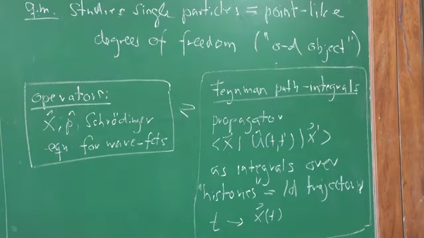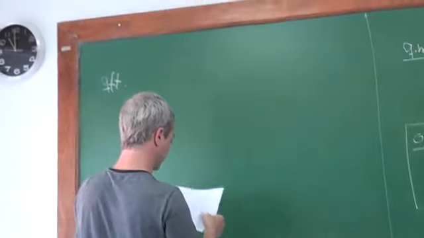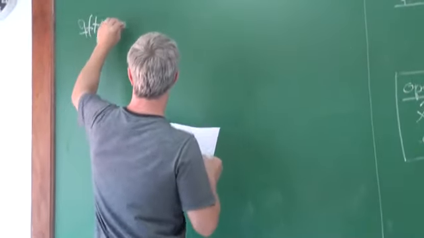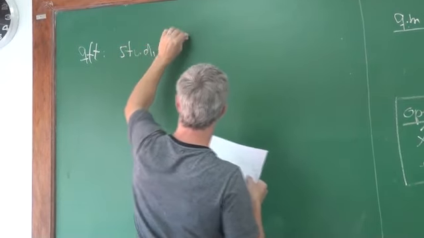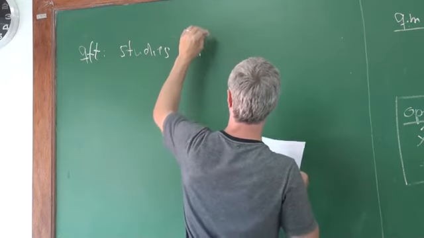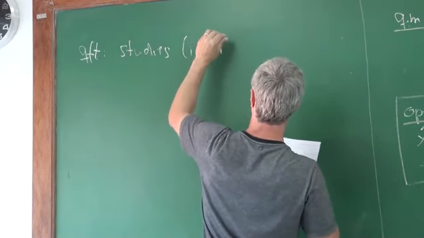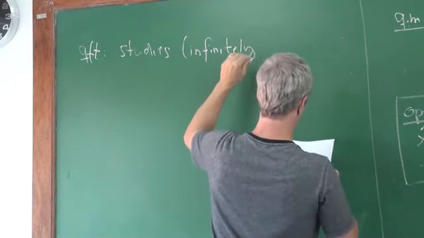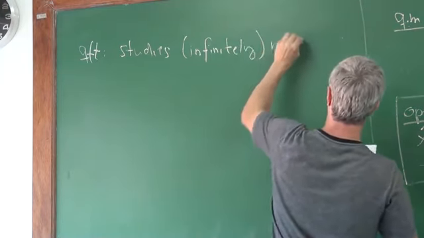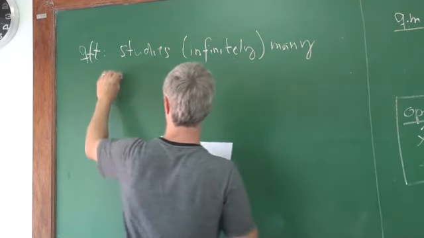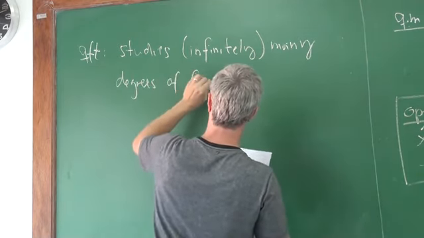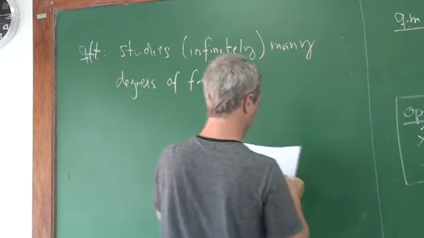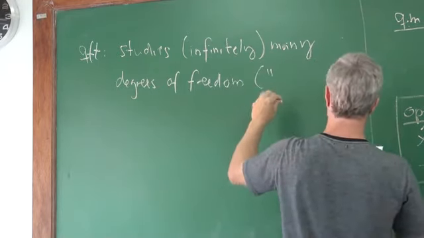Now, generalizing this, one comes to the two different descriptions of quantum field theory, which instead of a single particle studies infinitely many degrees of freedom, in the sense that you can create and annihilate particles.